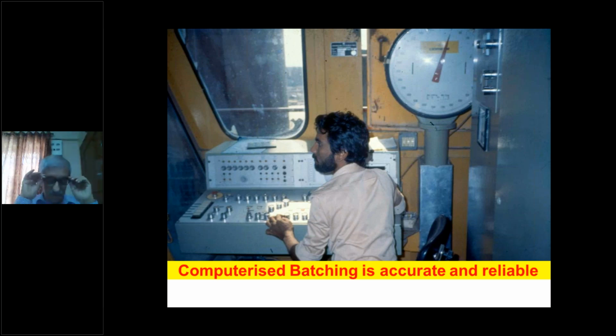Now, if you notice, the biggest problem is manual operation. Even if you have a computerized plant, and even if the plant is functioning properly, weighing is done properly, etc., the operator, being a human being, can create errors.